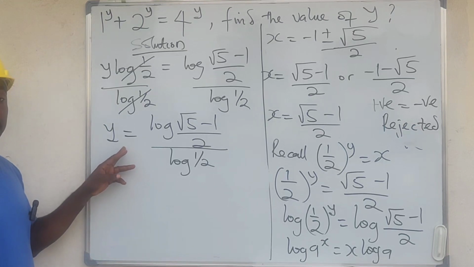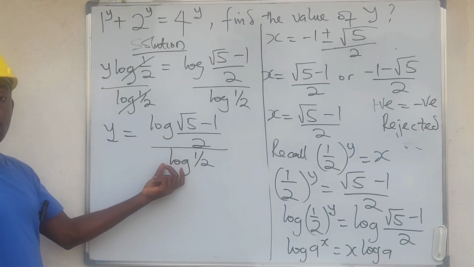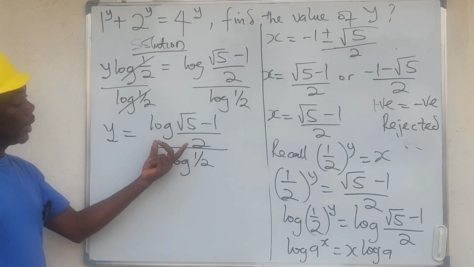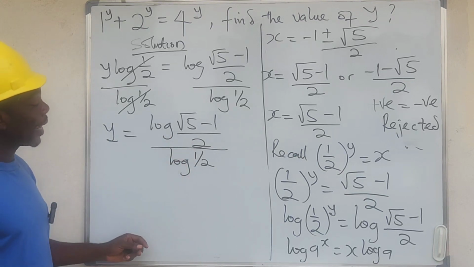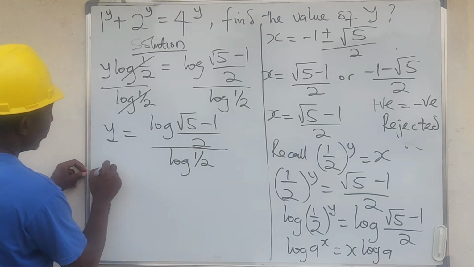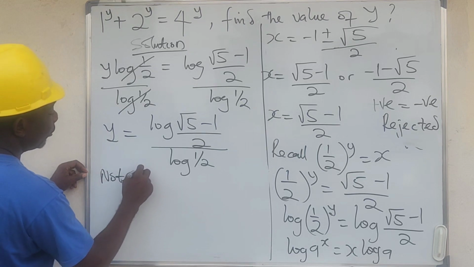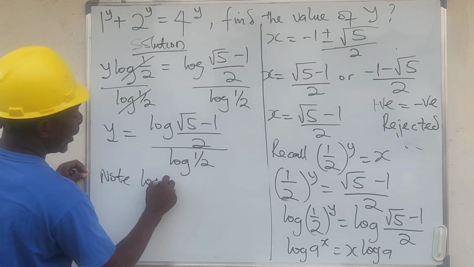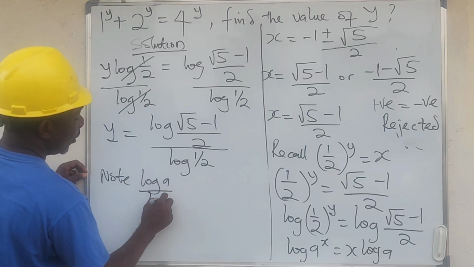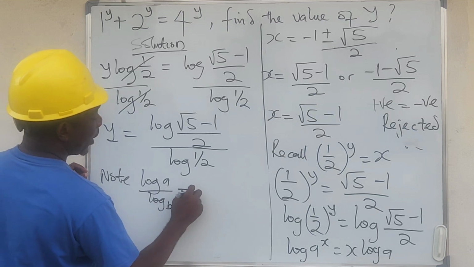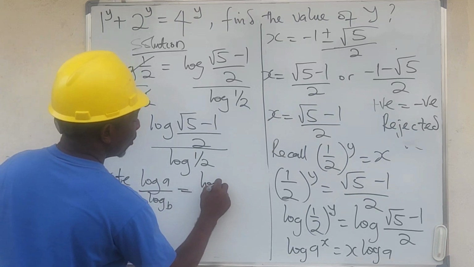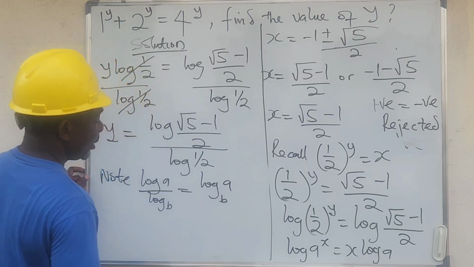So here we have the two logs divided by each other. We note when we have log a all over log b, we can rewrite it as log a base b.